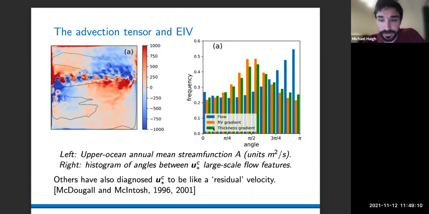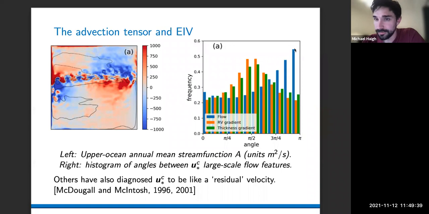In orange and green, the ones that peak in the center, near angles of pi/2, I'm plotting the angle between the eddy-induced velocity and the large-scale relative vorticity gradient in orange, and the large-scale thickness gradient. That's the isopycnal thickness gradient, where thickness is the difference between different density surfaces.